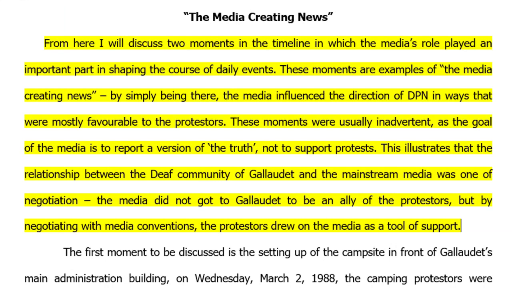These moments were usually inadvertent, as the goal of the media is to report a version of the truth and not to support protests. This illustrates that the relationship between the deaf community of Gallaudet and the mainstream media was one of negotiation. The media did not go to Gallaudet to be an ally of the protesters, but by negotiating with media conventions, the protesters drew on the media as a tool of support."